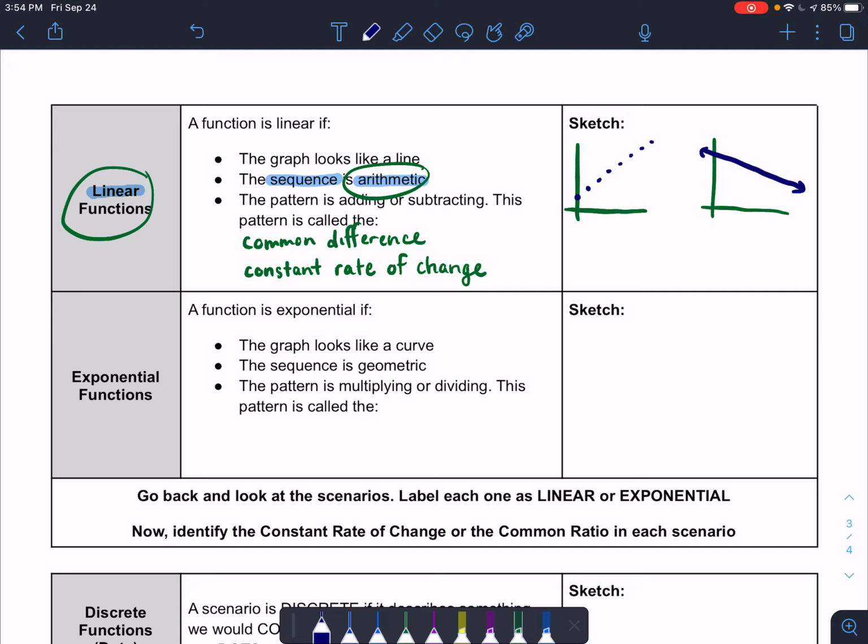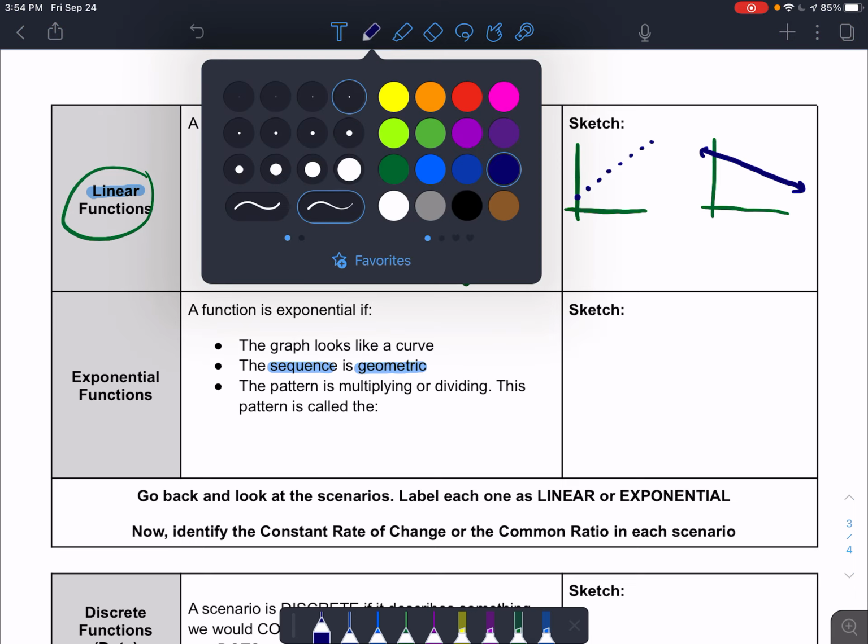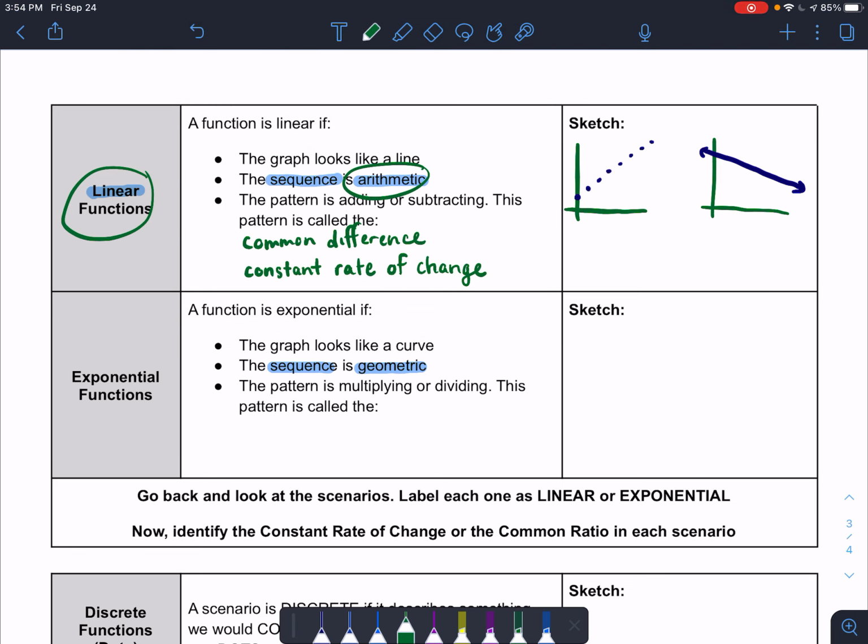Now, if we think about our other type of sequence from last unit, we remember sequences being geometric. We remember that those graphs look like curves. And we remember that the pattern is multiplying or dividing, which we called what? Yeah, I think I just heard someone say it.